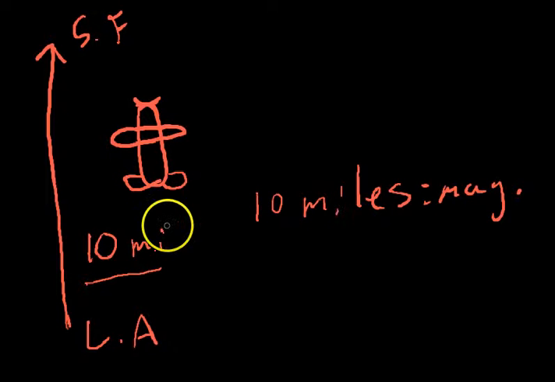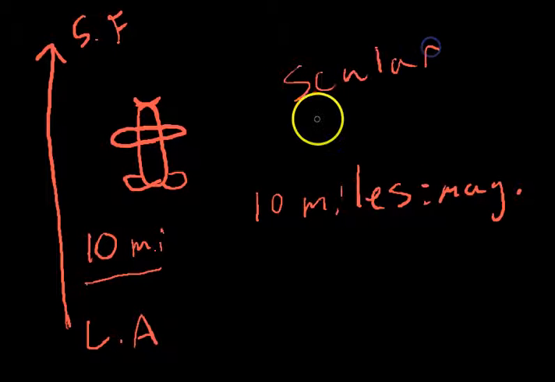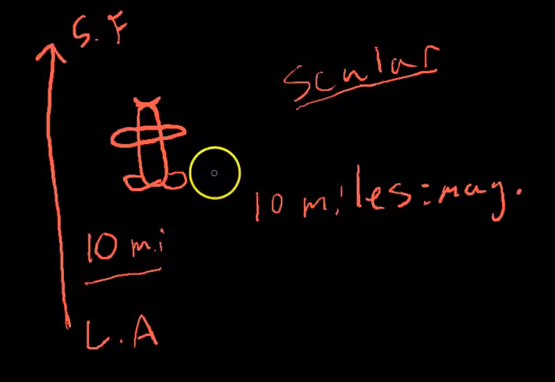So when we hear that it was 10 miles, we need to think scalar. It's a scalar quantity when they say that. But then if we look back at our definition of vector quantity, and they tell us, I took a plane ride from Los Angeles to San Francisco, and it was northbound, and it was 10 miles long, now we have a direction. We have north.